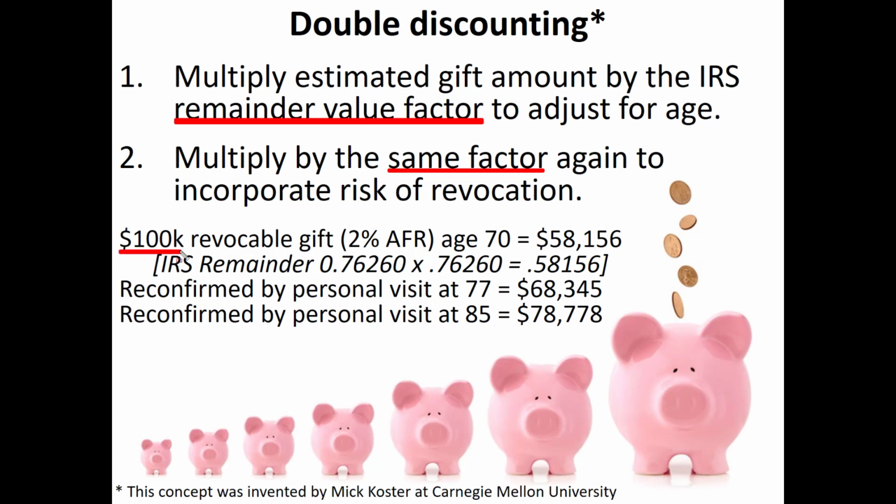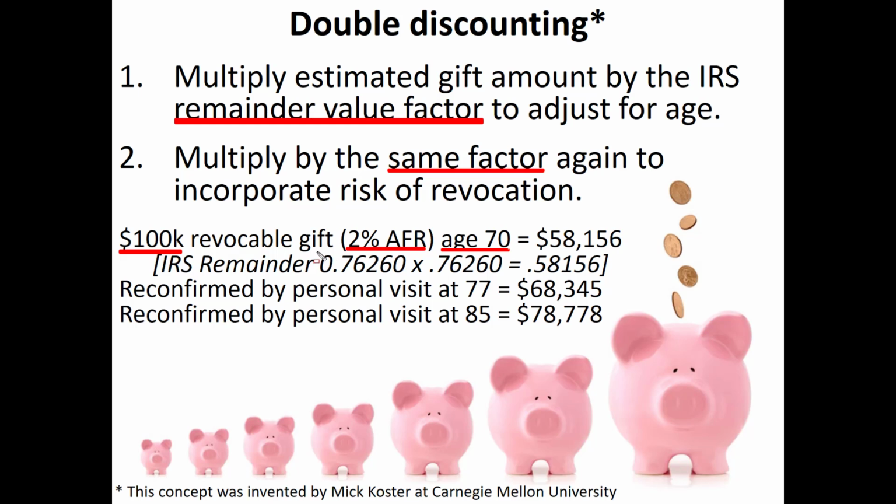Let me give you an example of how that would work. If you have a $100,000 gift from a person who is age 70, if that gift was irrevocable and let's say interest rates were at 2%, you could go to the IRS tables and just look up the present value of a $100,000 gift that comes to a charity at the end of the life of a person who is currently age 70 with this interest rate.